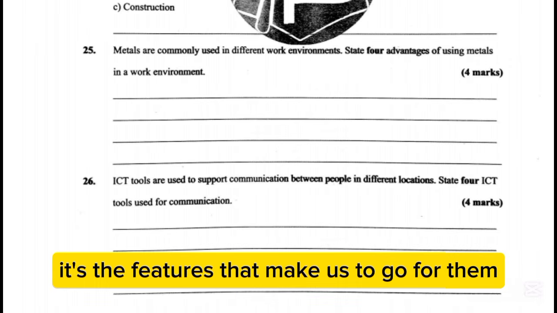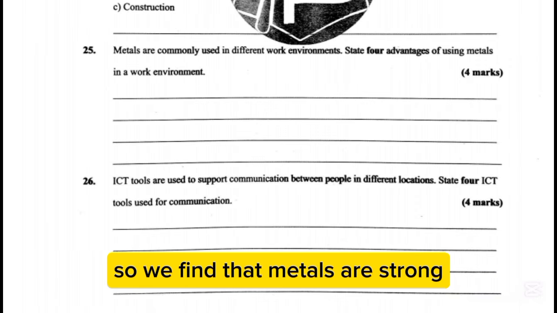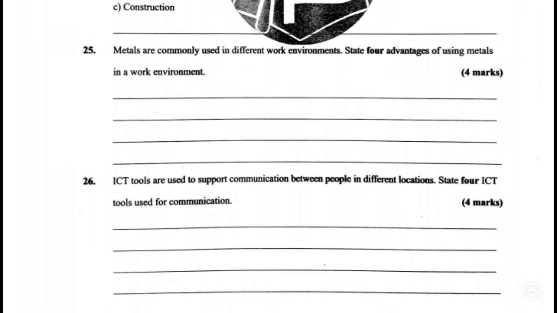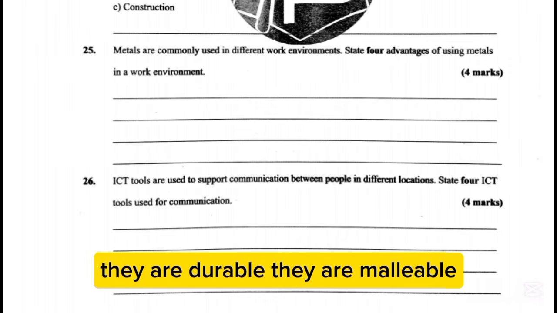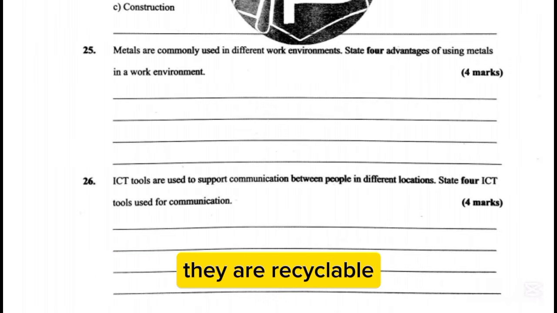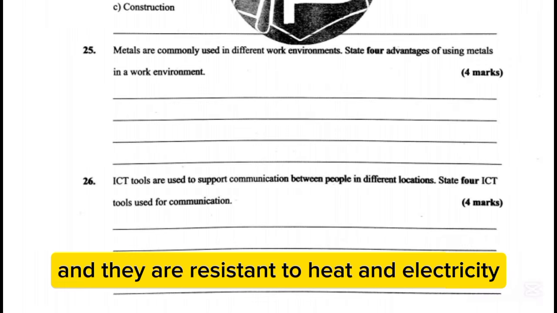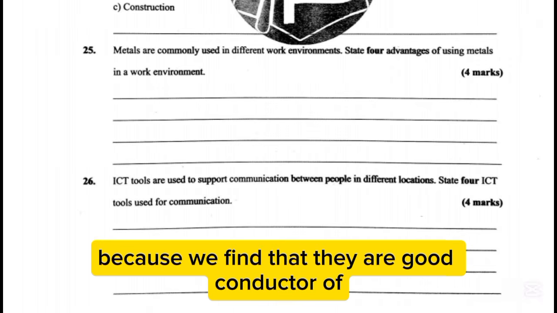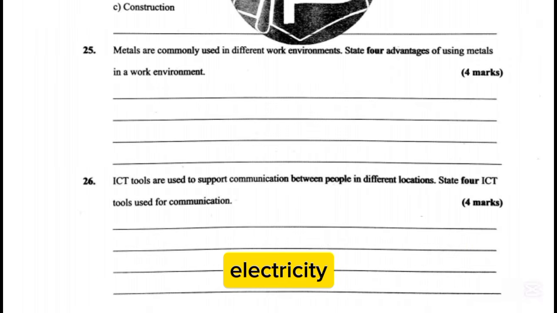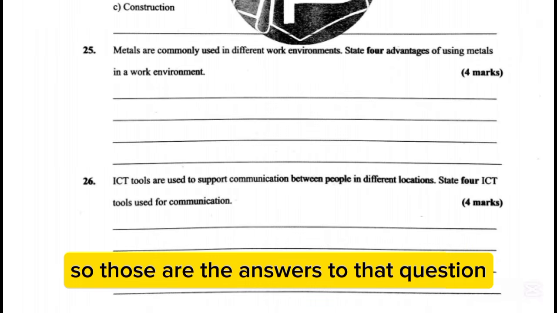It's the features that make us go for them. So we find that metals are strong, durable, malleable, recyclable, and resistant to heat and electricity, because we find that they are good conductors of electricity. So those are the answers to that question.